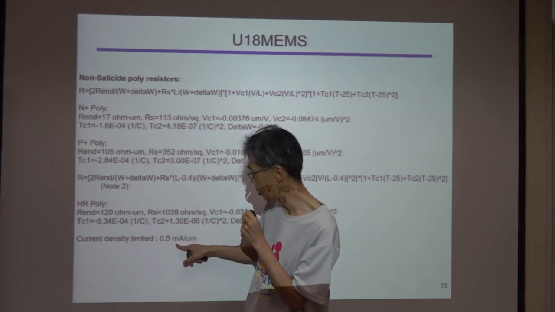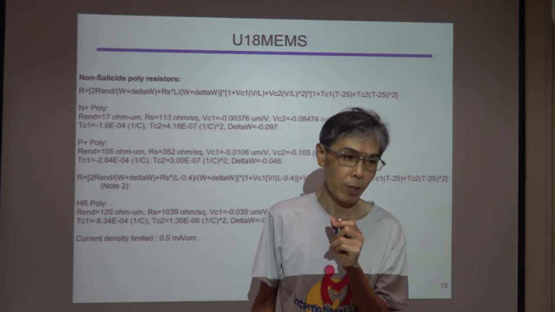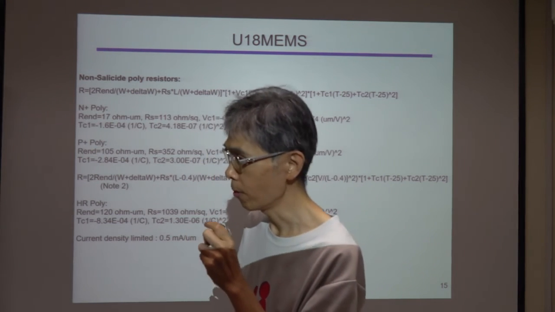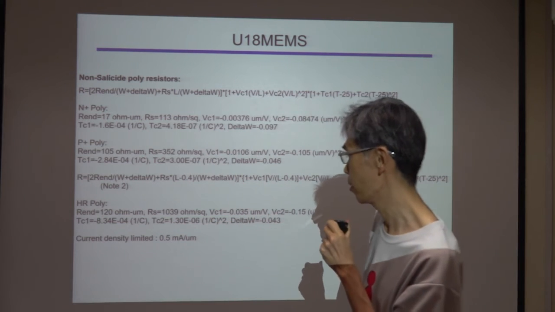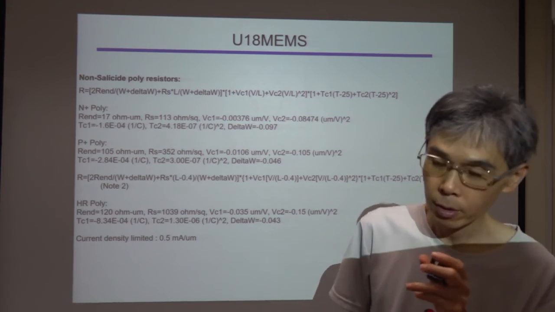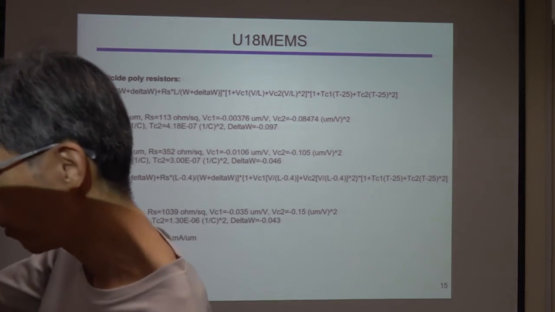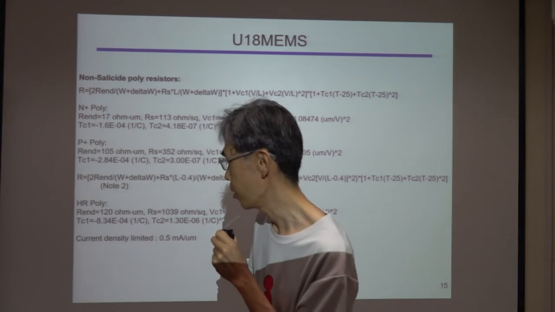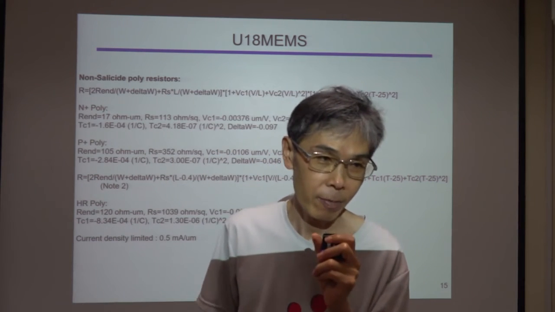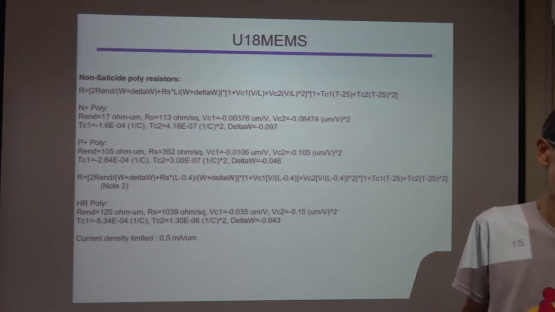Higher than this value, you are going to burn your poly resistor, and then your device won't work. So for mechanical engineers, your brain should keep current and voltage in mind. Otherwise, whatever you do for your layout, in the end it will not work. It is just a waste of time and money.